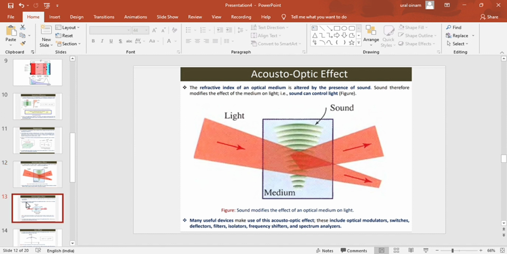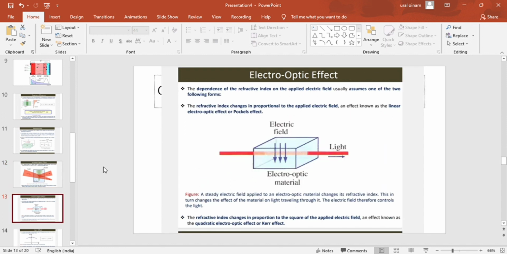And then let's move on to the electro-optic effect. So what is the electro-optic effect? As I think I have explained earlier, when we have a material and light falls onto it, there are already charge carriers inside the material, and these charge carriers get aligned by an electric field.